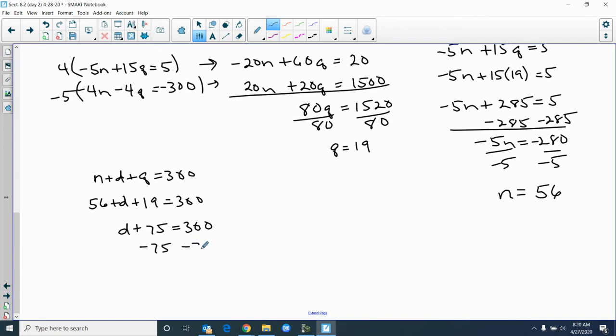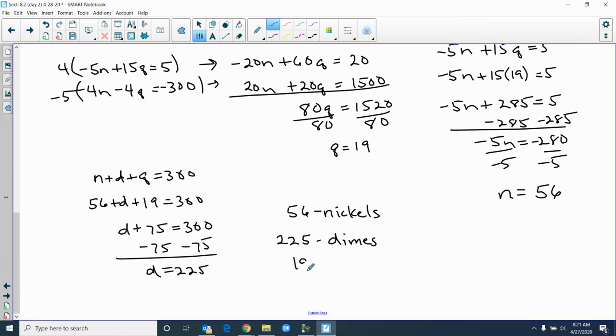Subtract 75. d equals 225. So 56 nickels, 225 dimes, and 19 quarters.